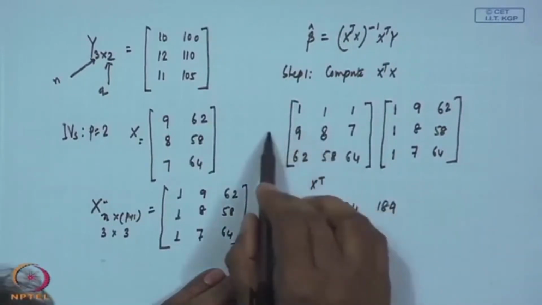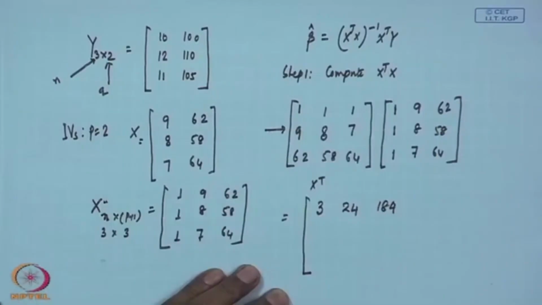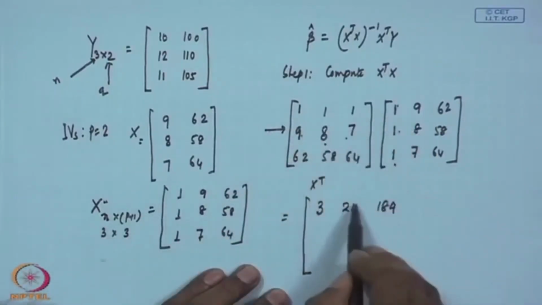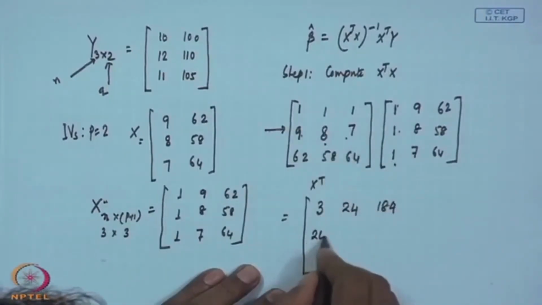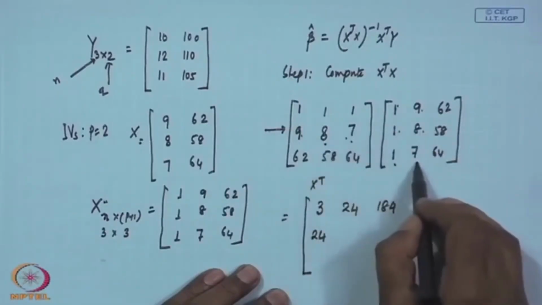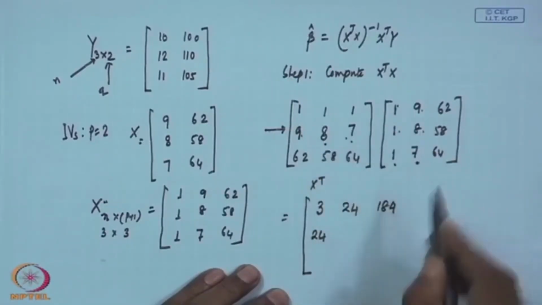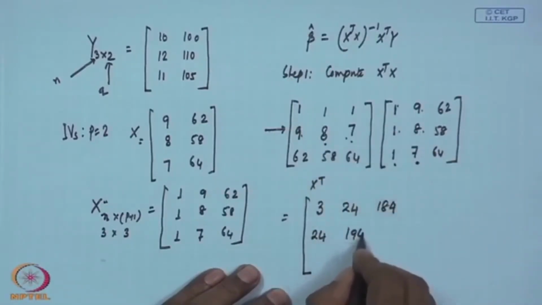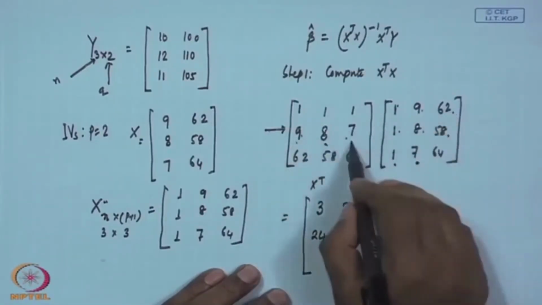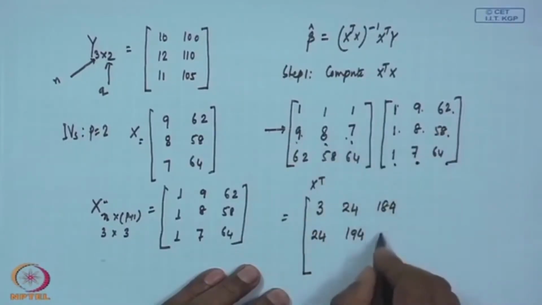Now consider the next row: 9 into 1 plus 8 into 1 plus 7 into 1, which is nothing but 24. Then 9 into 9 plus 8 into 8 plus 7 into 7, the square terms, so it will become 194. Then 9 into 62, 8 into 58 plus 7 into 64 will become 1470.